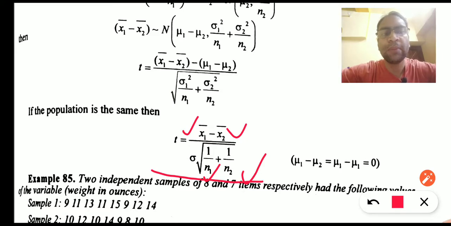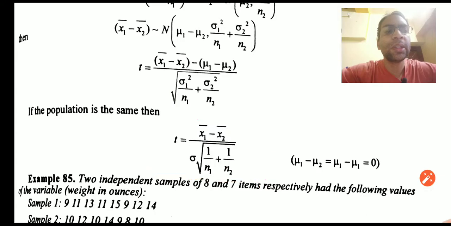So we'll have to work on both these samples and find these values, and then substitute them into the equation. n1 and n2 are the numbers of items in the two samples, and this is the calculation. By substituting all these values into the equation, we can find the difference between two small samples.